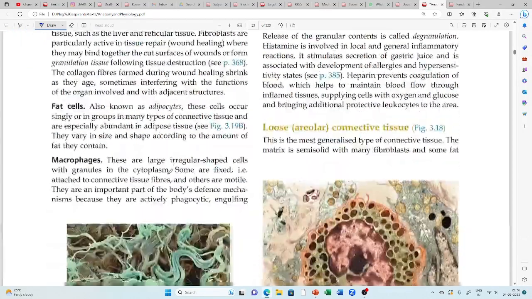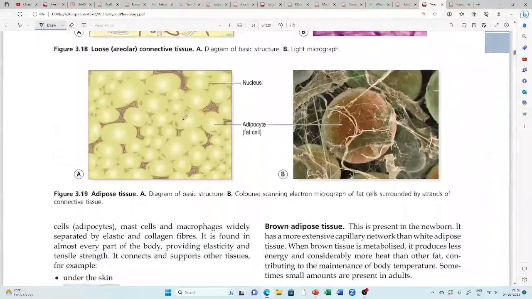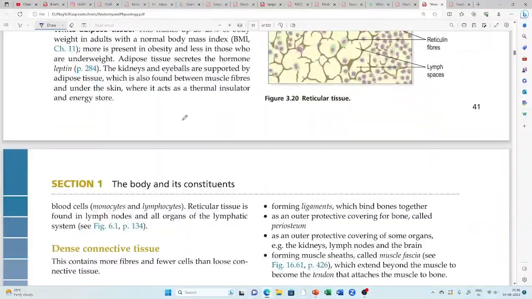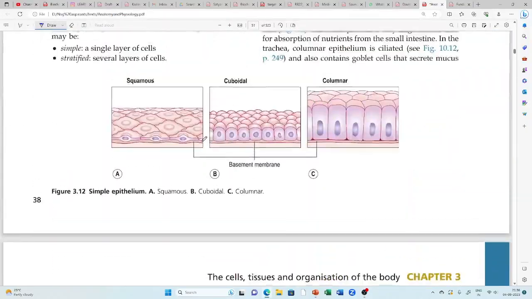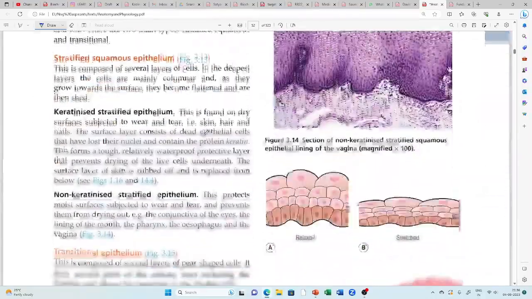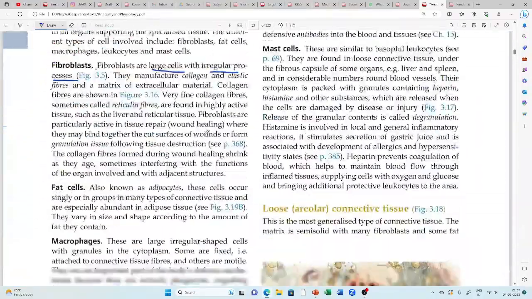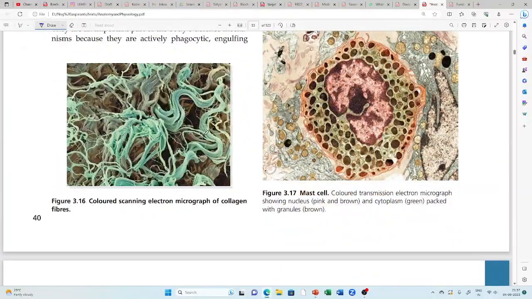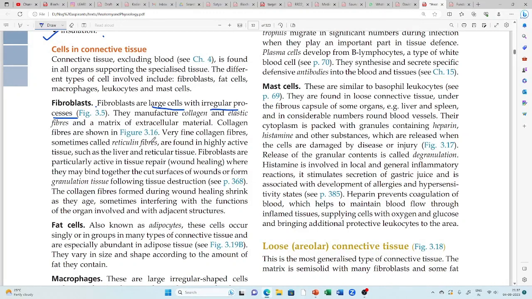Is figure 3.5 there? No. Oh, one minute, let me check. Figure 3.5. I didn't see it. Maybe it will be in some other area. We'll see that later.